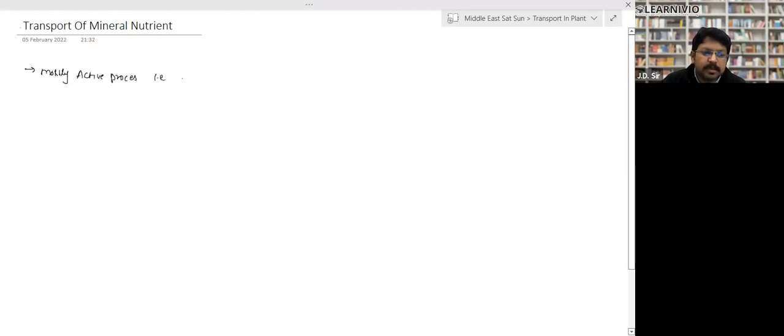That is at the expense of ATP, right? So they have to spend ATP for taking the mineral ions. Full stop. This needs energy from the ATP. Full stop.